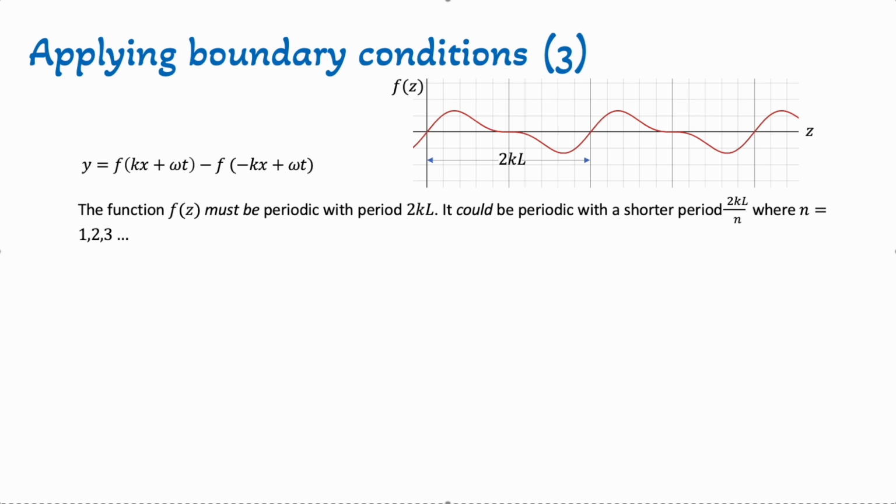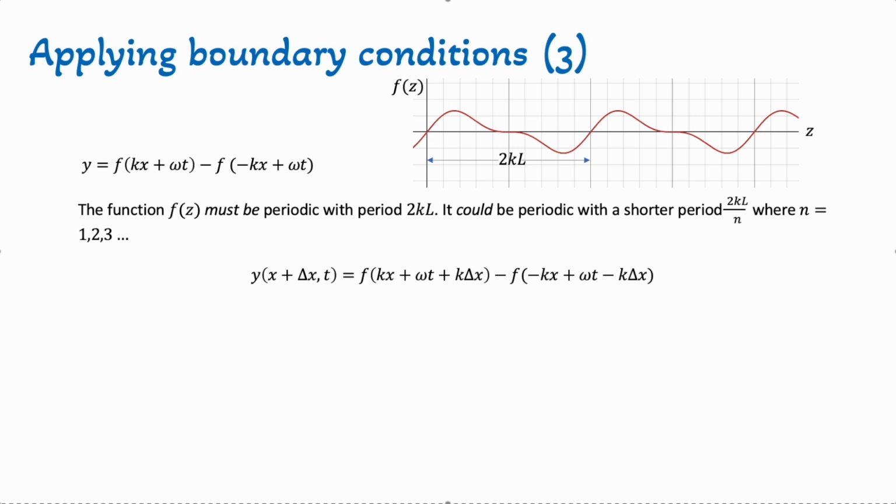Okay, so if it's periodic with a period 2kL over n, then what happens when we look at one particular moment in time and we move along the string by an amount delta x? Well, it means that y of x plus delta x and t is equal to this.